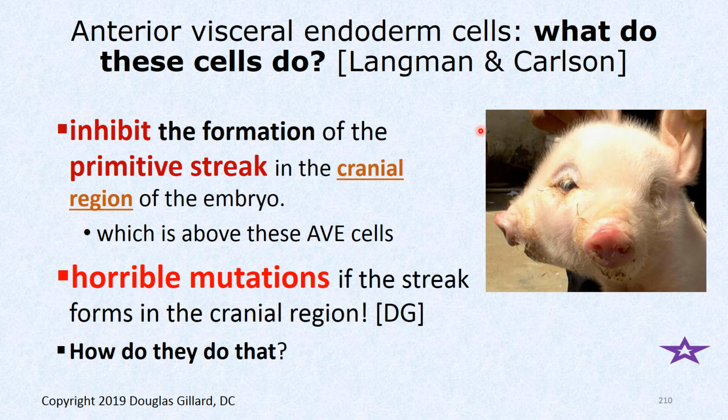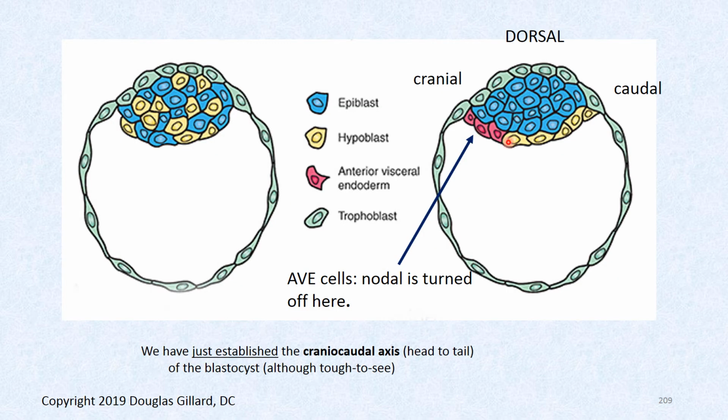So that makes this the powerful AVE. So who cares about this AVE? Why am I making such a big deal of this? Well, they are important because eventually they will secrete some stuff. It's going to soak into these cells to make sure the primitive streak starts in the right place.